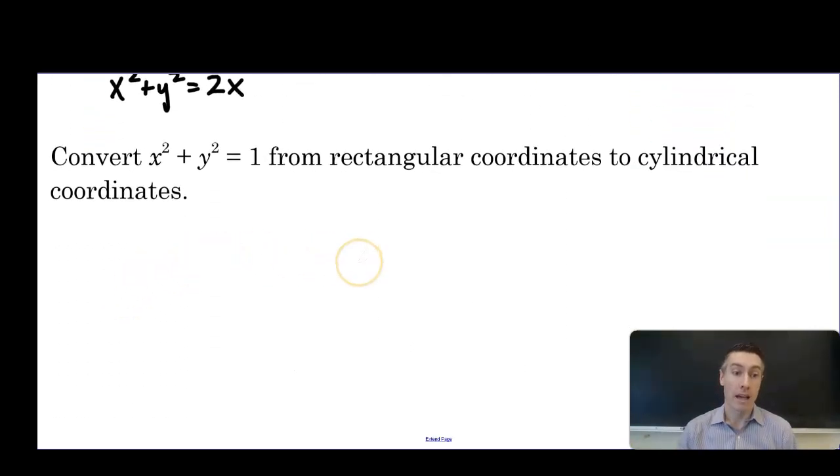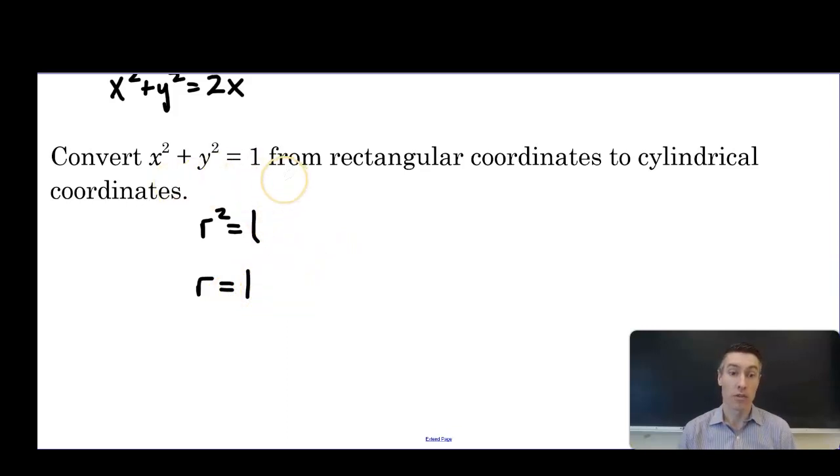And then we have x squared plus y squared equals 1 from rectangular to cylindrical. So this is a more traditional circular cylinder. It's going to be centered around the z-axis. X squared plus y squared is r squared. And then taking the square root of both sides, with that fact that r has to be greater than or equal to 0, we just get r equals 1.